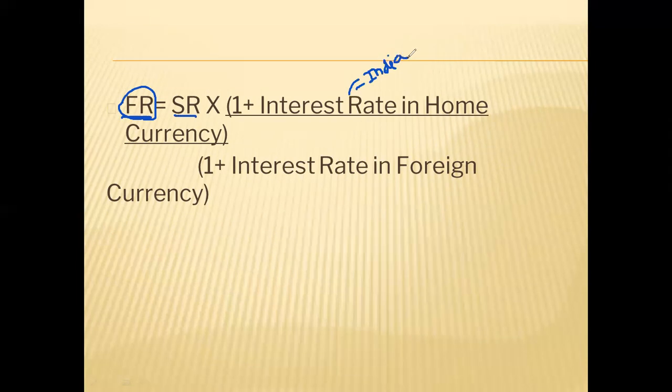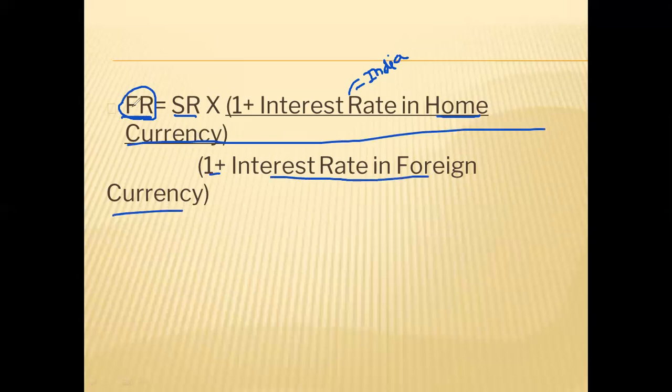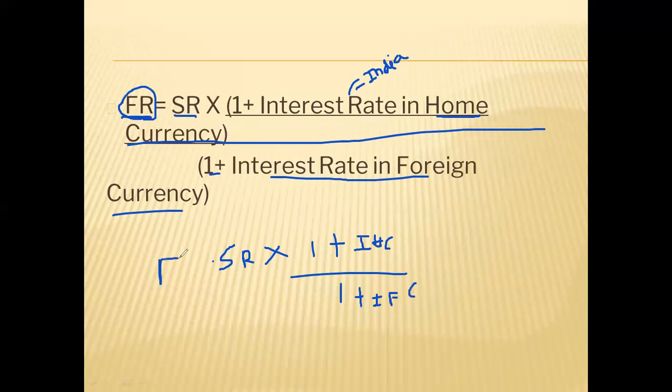If you make an investment, how much interest will you get in the home country, the home currency. Divide by 1 plus the interest rate in the foreign currency, and you will get the forward rate. So if you multiply the spot rate by the factor 1 plus interest rate in home currency divided by 1 plus interest rate in foreign currency, you will get the forward rate for that currency.